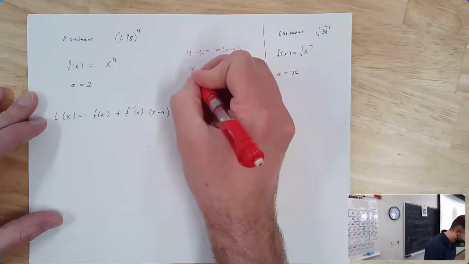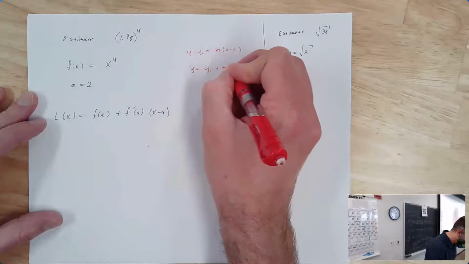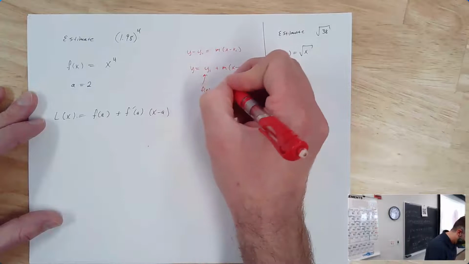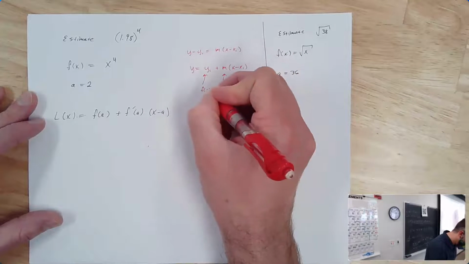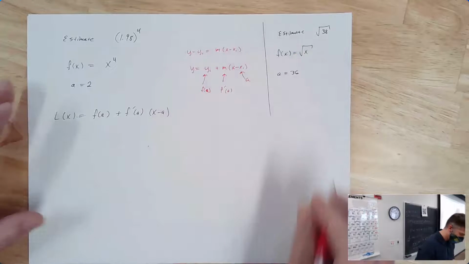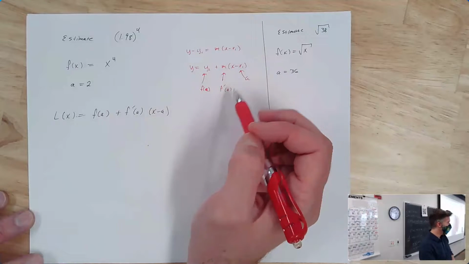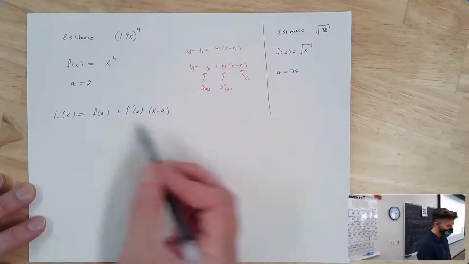And then y equals y1 plus the slope times x minus x1. And then y1 is f of A, the slope is f prime of A, and x1 is A. It's not too hard to get from there to there if you remember just a couple things. Or you can just memorize this.